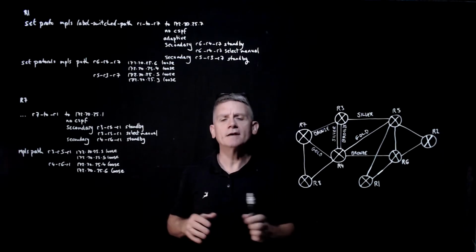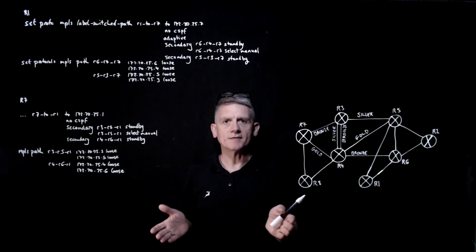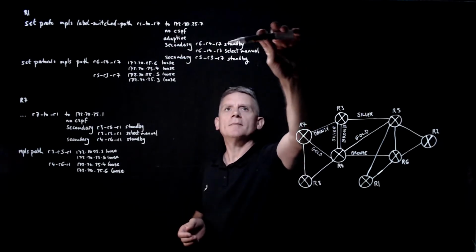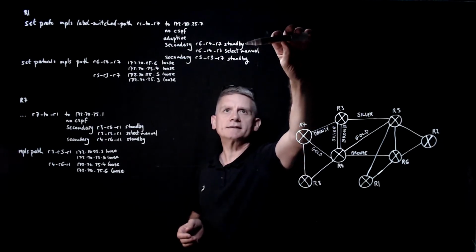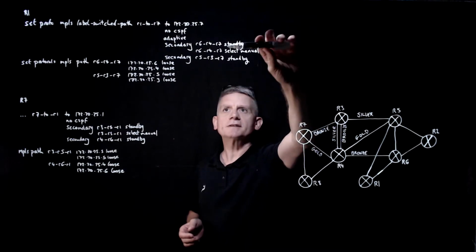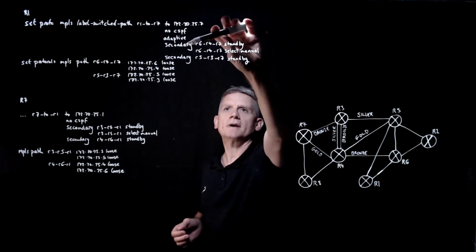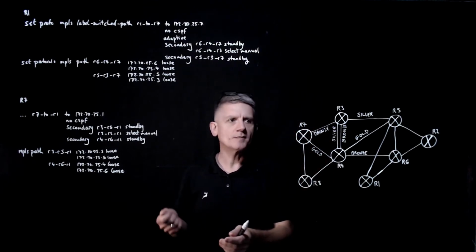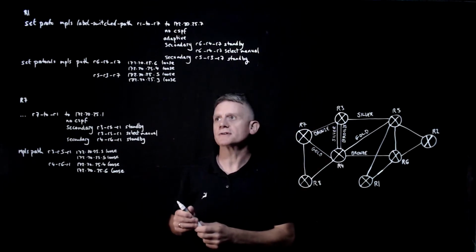So on a failure, when it re-signals onto the other path, it's not going to fold back onto the original. We want the pre-signal, hence the standby, and we're going to manually select one of them here so that there is effectively not a primary path, but we're manually selecting the one that we want.